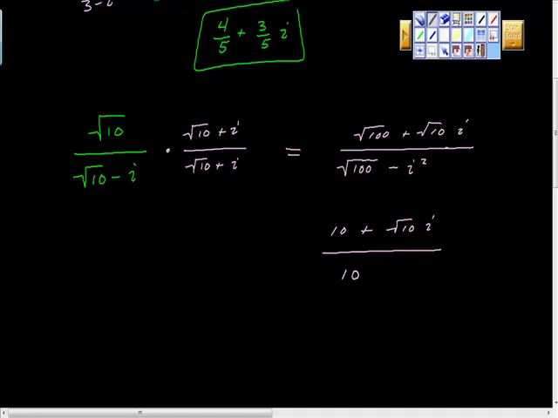And then here, this is negative 1, isn't it? If I simplify that, negative 1 is plus 1, isn't it? That makes that 11, right?